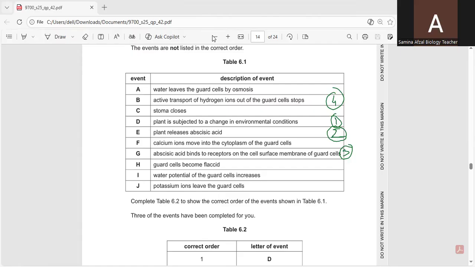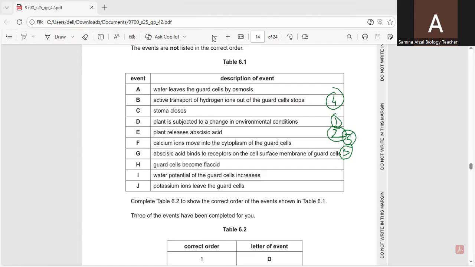So then we will reach point 5, which they have given. Calcium ions move into the cytoplasm of the guard cells, change the membrane potential, and this signal causes an influx of calcium ions, which act as a key second messenger in the closing pathway.